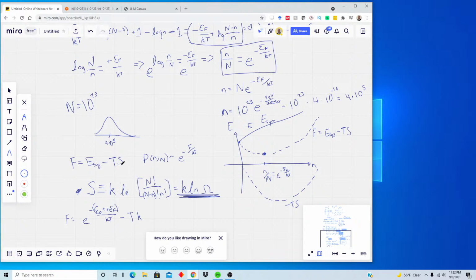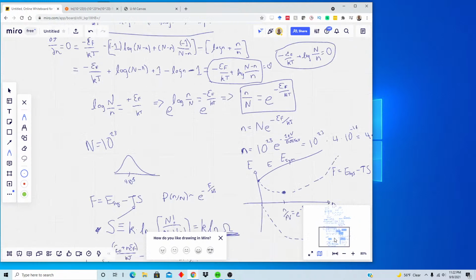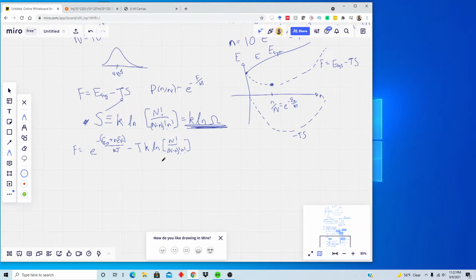So I'm plugging this into this. And so if you were to reverse engineer this in some way, you could basically say this is this.